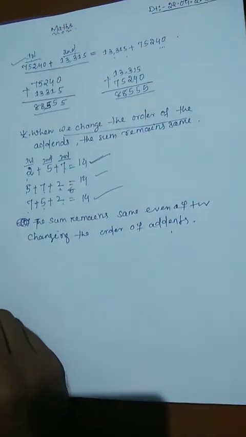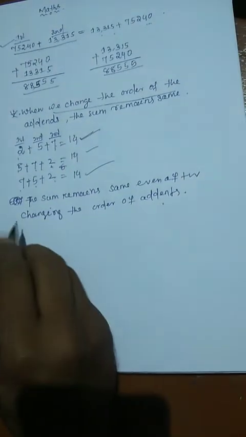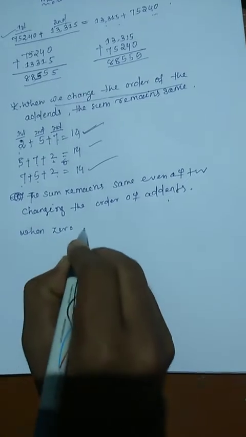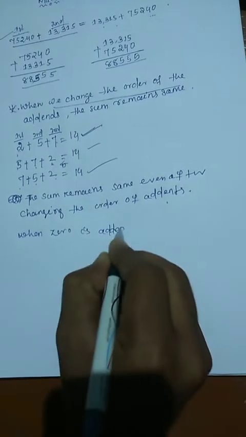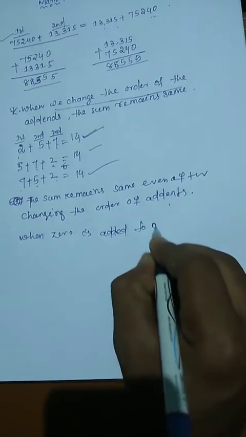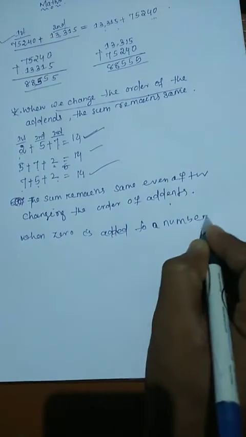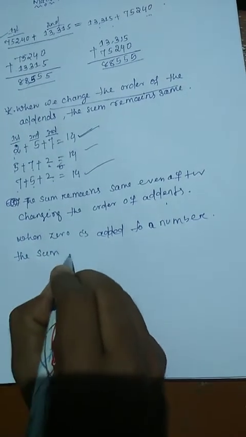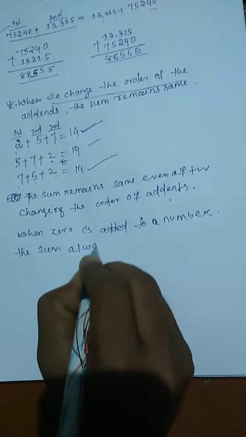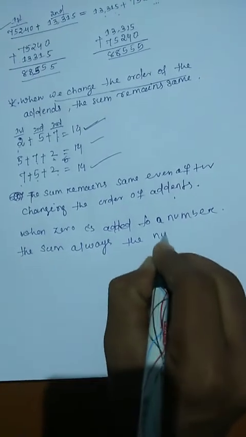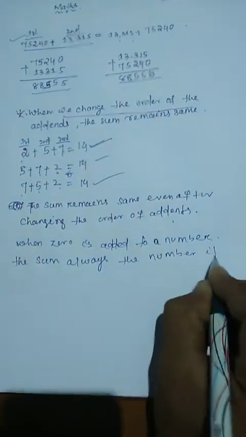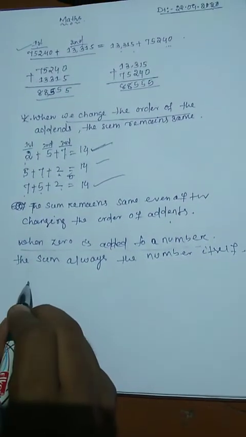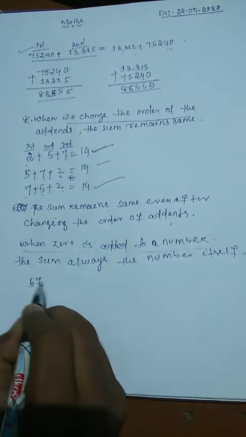And one thing to remember: when 0 is added to a number, the sum is always the number itself. What does it mean? Suppose one number is 573.